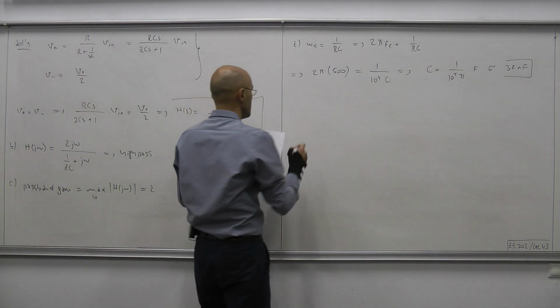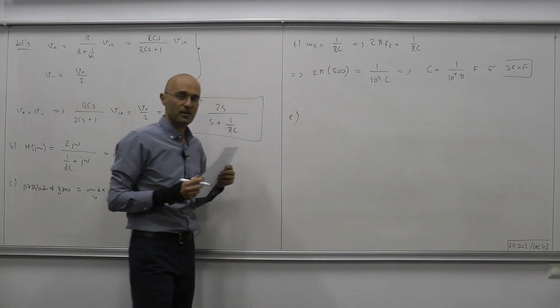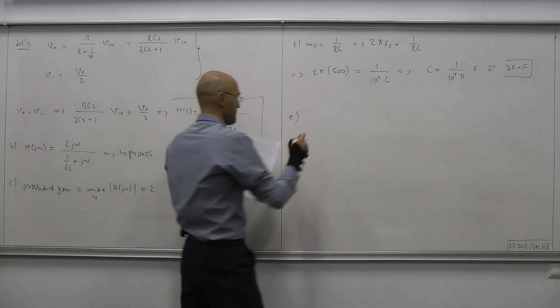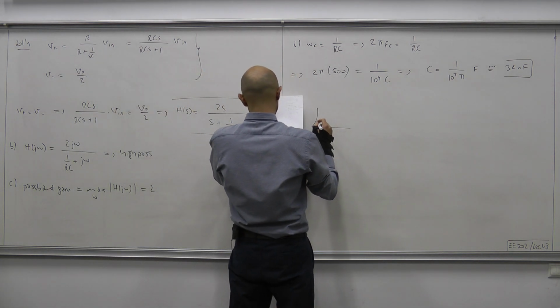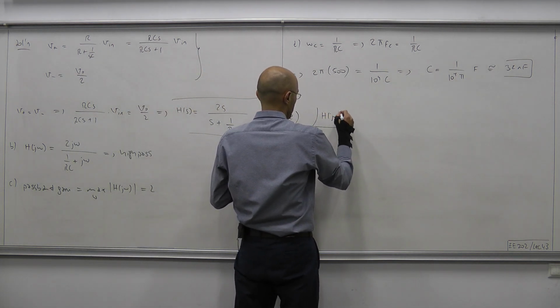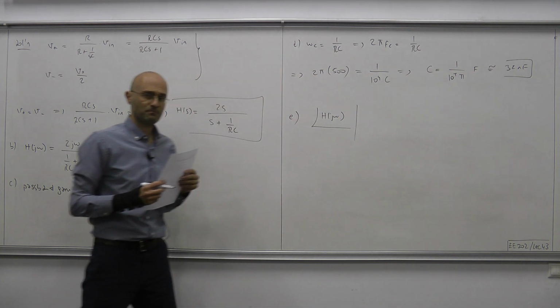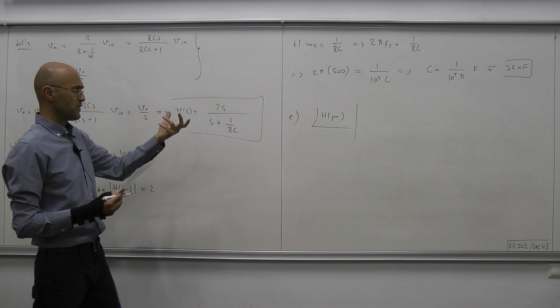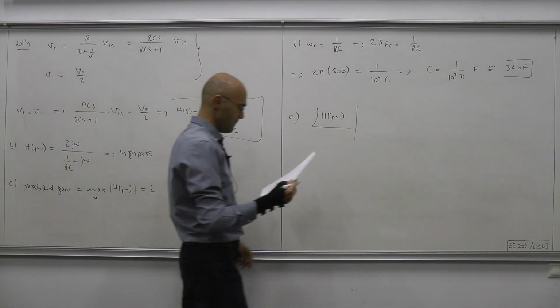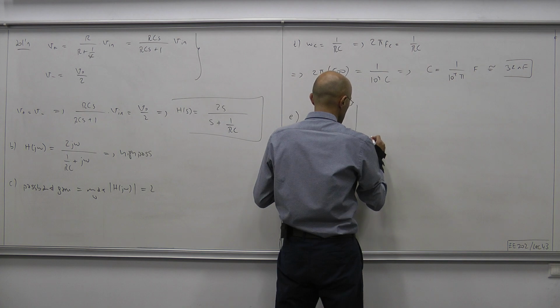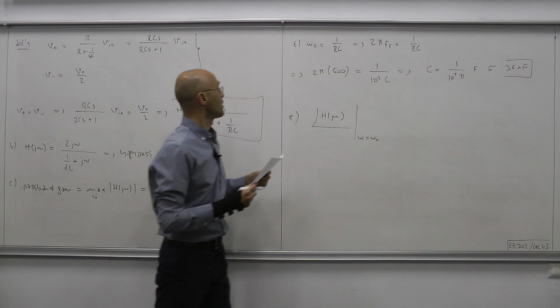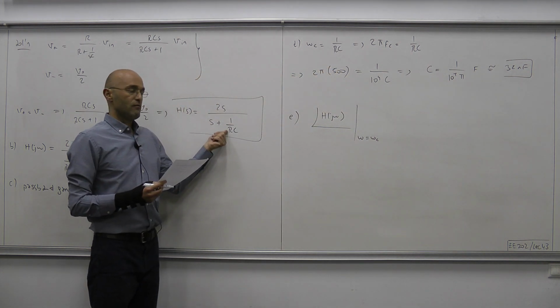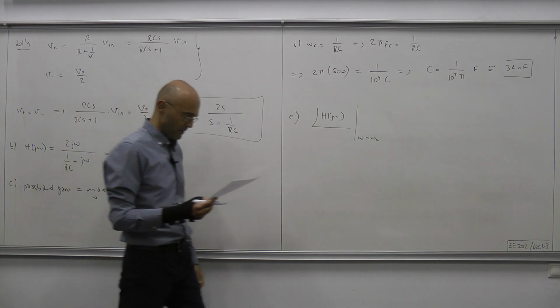And finally, let's figure out the phase shift at the cutoff frequency. So what we're dealing with is we have to figure out the phase of the transfer function, okay, H of J omega, evaluated at omega equals omega C, or omega equals alpha, alpha being 1 over RC.